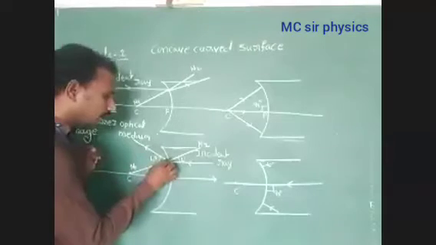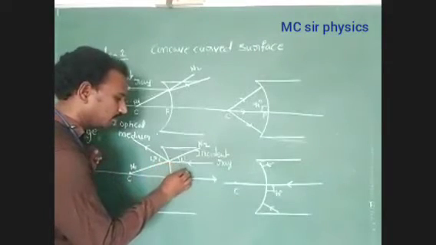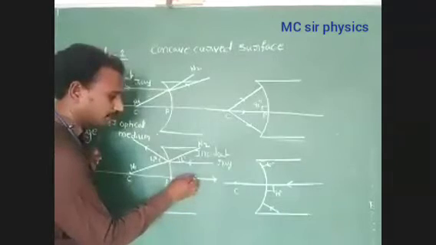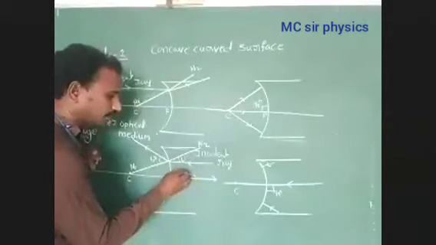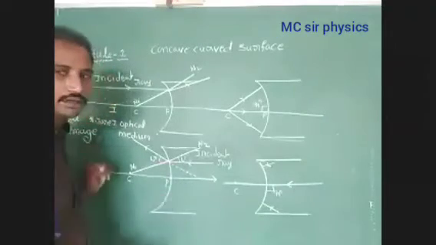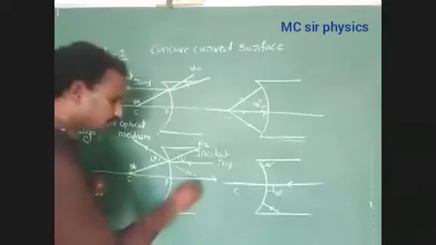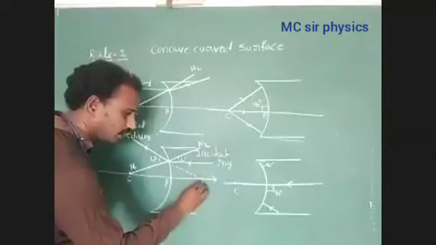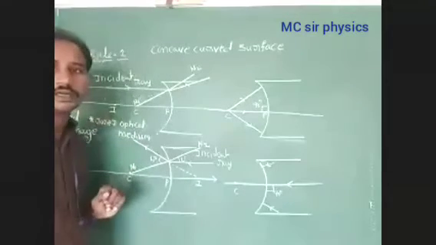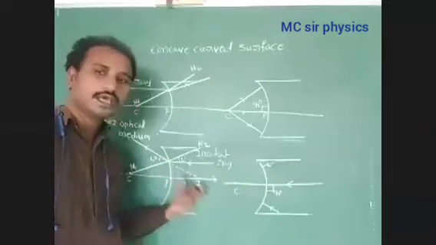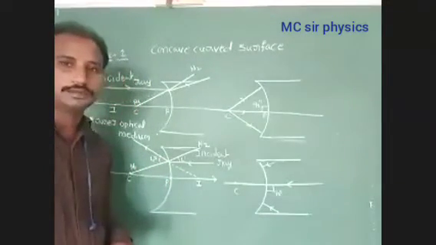Now, this refracted ray appears to come from one common point in the denser optical medium. From that point, we have to represent the image formation point, and we consider it on the principal axis.